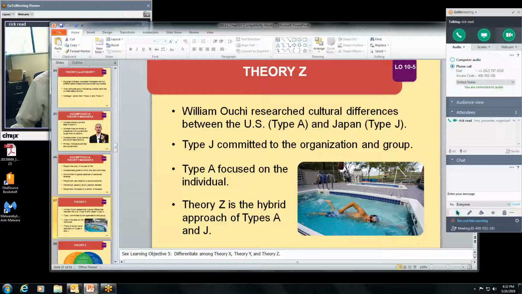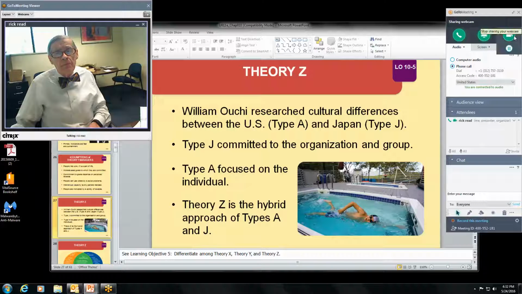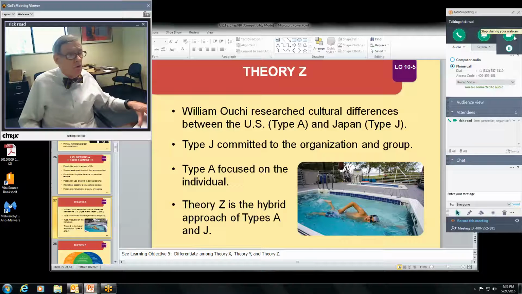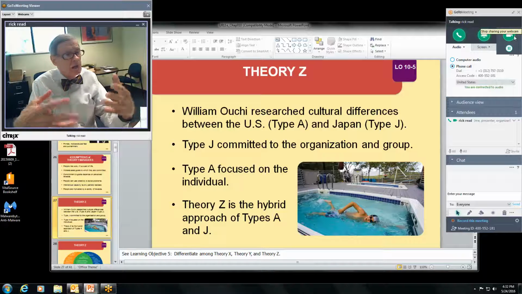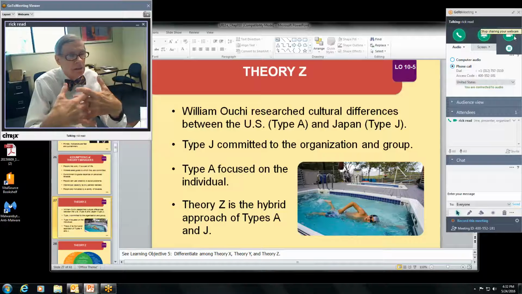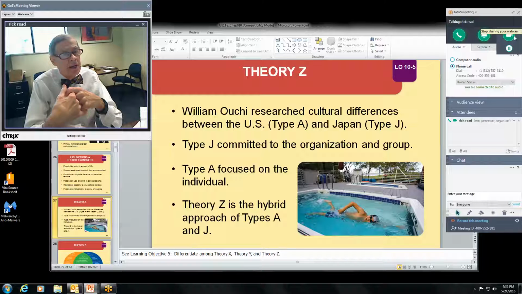Now, William Ouchi developed, and I'm not going to go into a whole lot of what Ouchi did, because Ouchi believes that theory Z is an amalgam of the type A in the United States and the type J that we find in Japan.